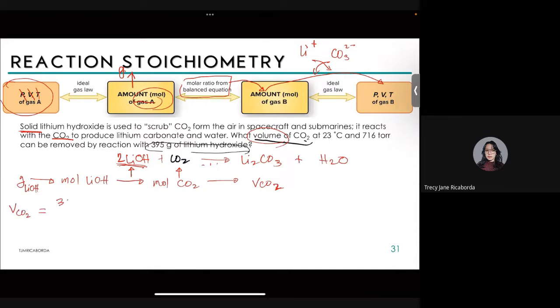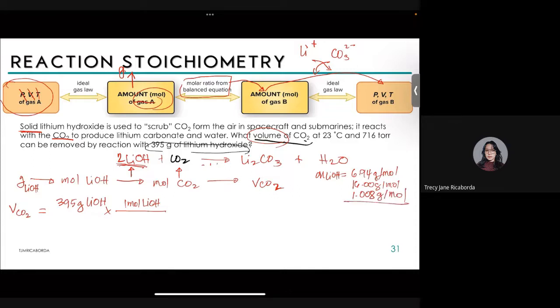Let's start with 395 grams of lithium hydroxide. How do we convert that into moles of lithium hydroxide? We need the molar mass. Now, what's the molar mass of lithium hydroxide? The molar mass of lithium hydroxide is equal to 6.94 grams per mole plus 16.00 grams per mole plus 1.008 grams per mole.